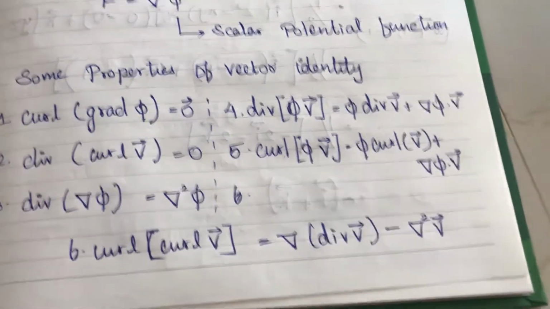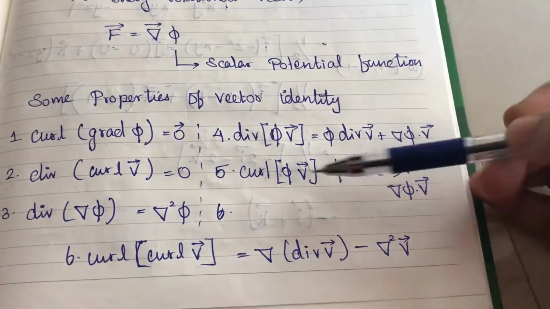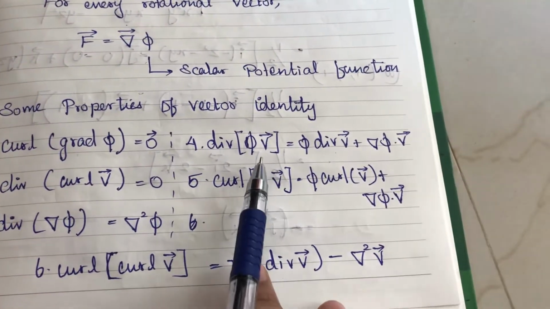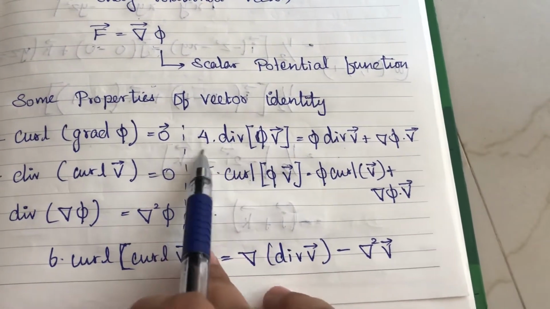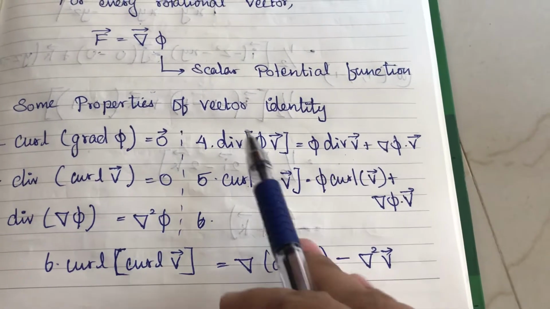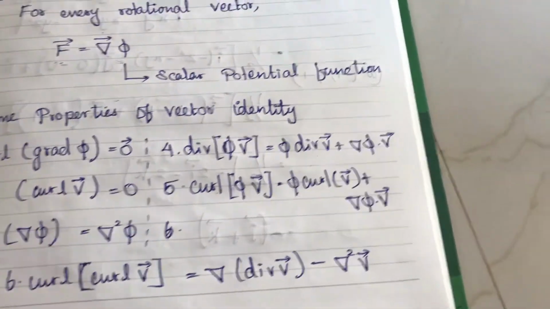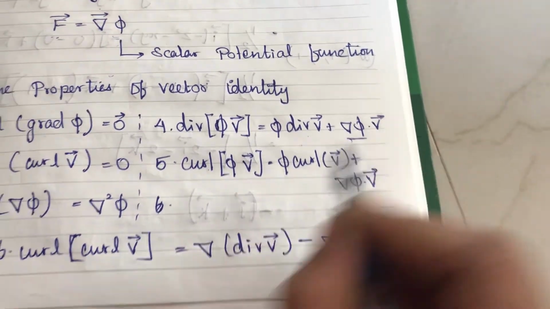So the first thing is we need to take the divergence. The divergence of phi v vector means just take phi out: phi into the divergence of v vector, plus del phi dot v vector.